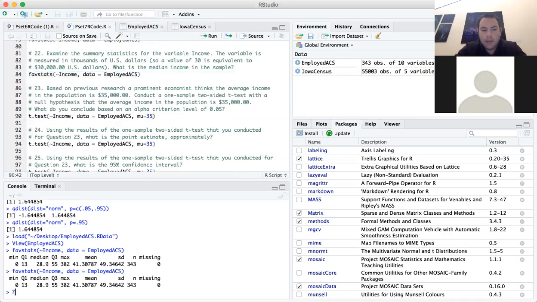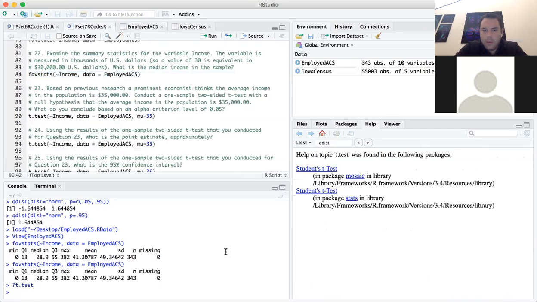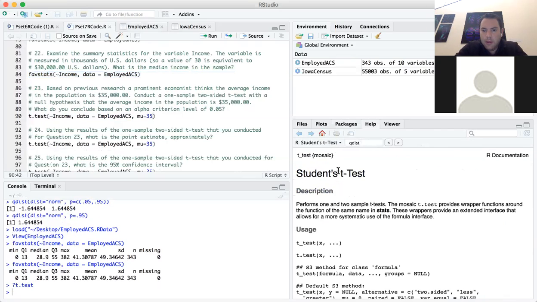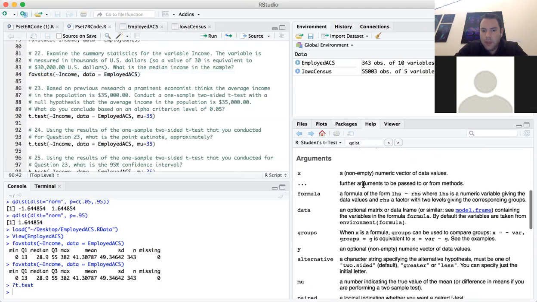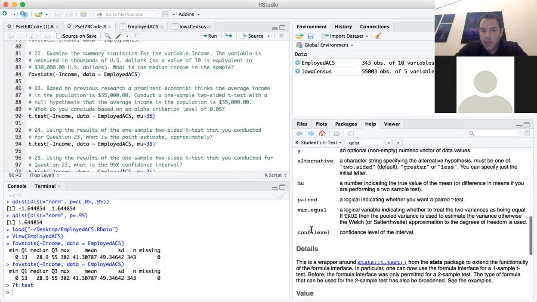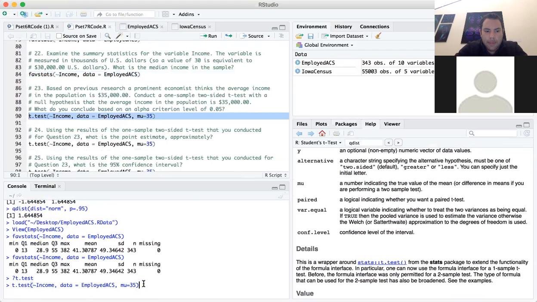We could also add in our confidence interval. And the way we would do that is by using the confidence level command. So we'll use this t-test formula, telling R to look at the income variable in the employed ACS data set with a null hypothesis mean of 35,000.